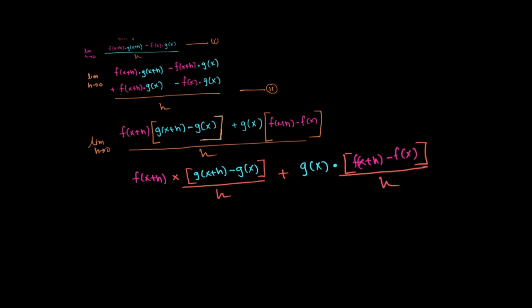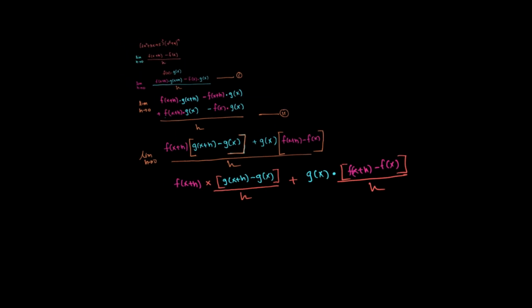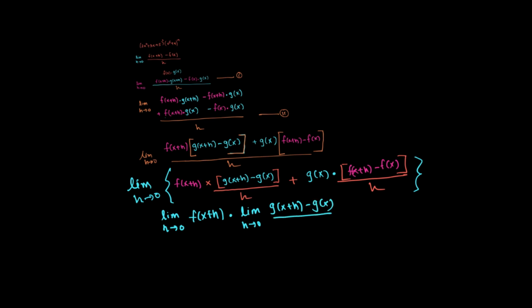So we just broke the whole expression into two parts. And also remember that this whole thing has the limit as h approaches 0. The cool thing about limits is that we can distribute the limit into different functions separately. So we can write this as limit as h tends to 0 for f of x plus h, and then multiplied with, again, the limit for the second expression separately: limit as h tends to 0 for g of x plus h minus g of x divided by h.